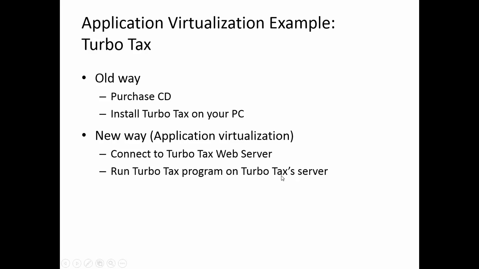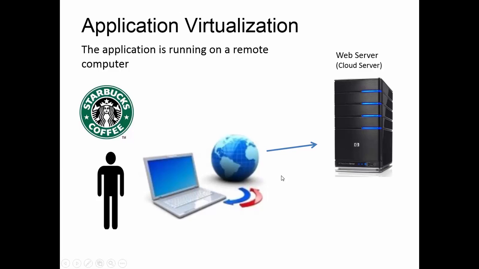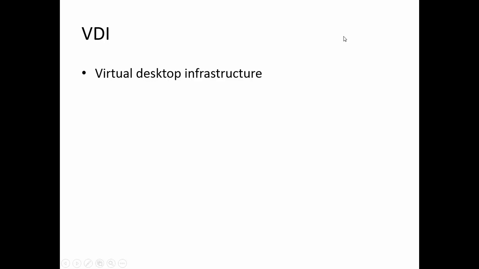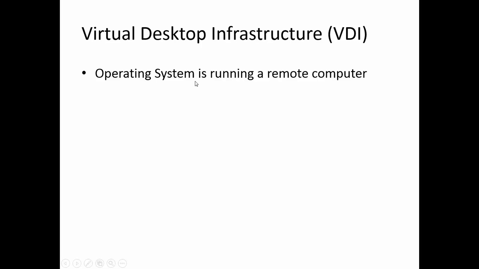This is application virtualization. In application virtualization, the application appears to be running on the local computer, but is actually running on a remote server. Now let's discuss another type of virtualization, and this is called VDI, Virtual Desktop Infrastructure.